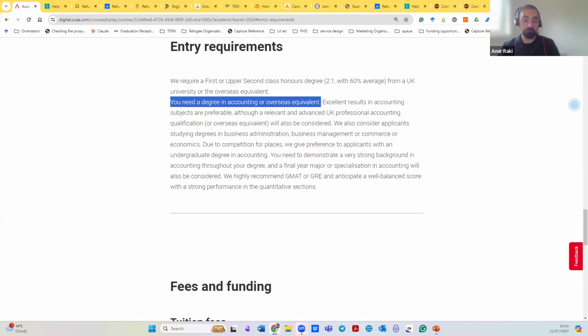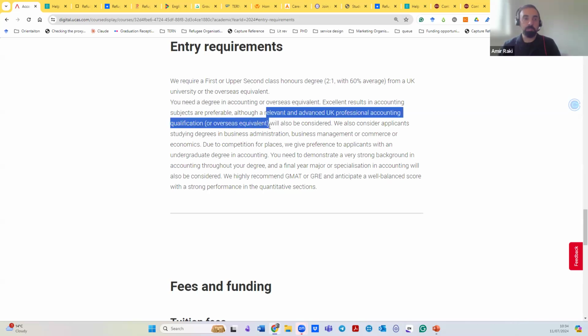If you don't have it, you can do some professional accounting qualifications. So before applying, if you would like to study accounting and you don't have an undergraduate degree in accounting, what you can do instead is go to college, do some accounting courses, get those professional accounting qualifications, and then apply for postgraduate.